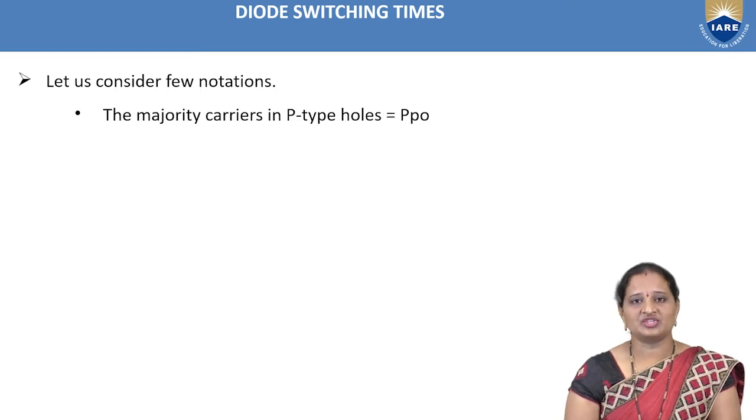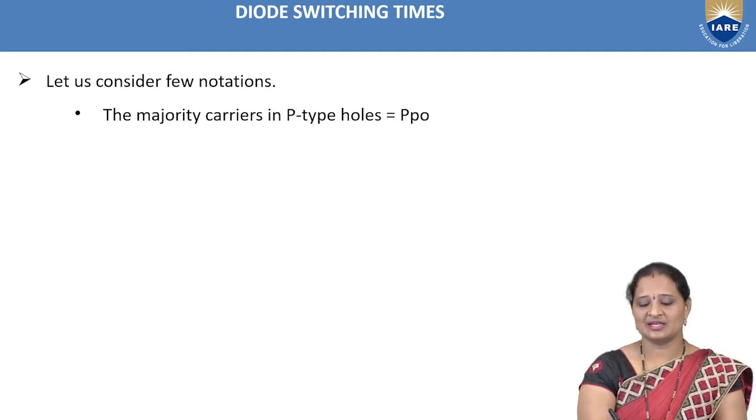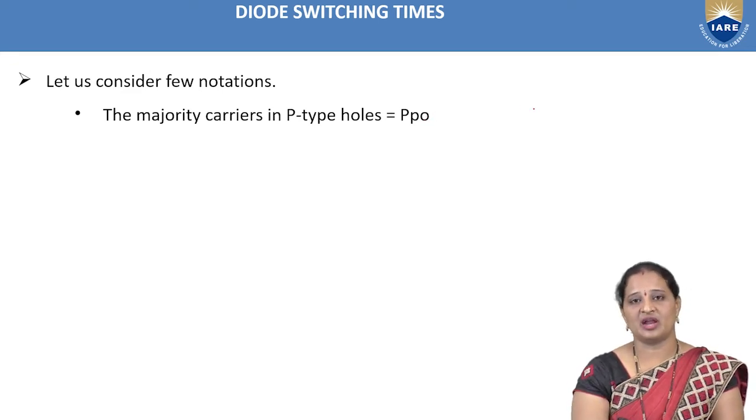The majority charge carriers of P-type material, the holes, are represented as Pp0, where the 0 represents equilibrium condition.